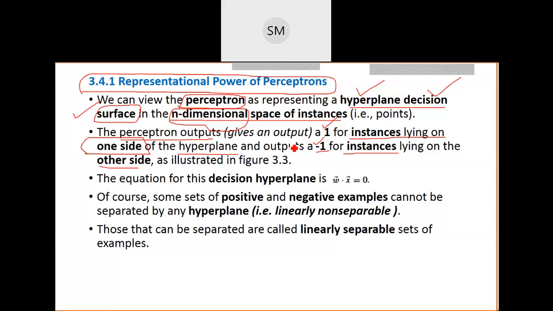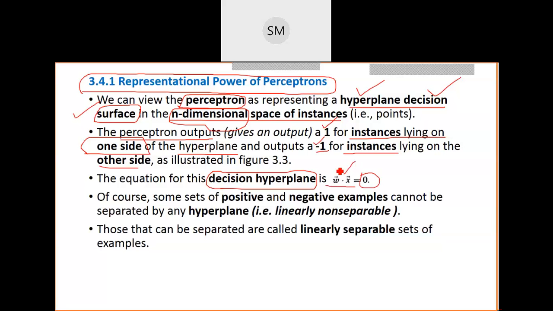So the equation for this decision hyperplane. Why is it called a decision hyperplane? Because we have to take a decision about training examples, whether they are positive or negative. The equation for this decision hyperplane is w times x equals 0. Just remember this: w times x equals 0.